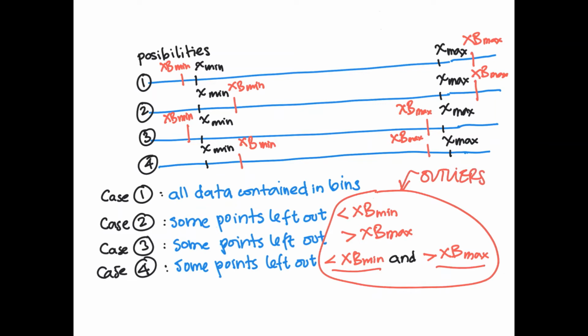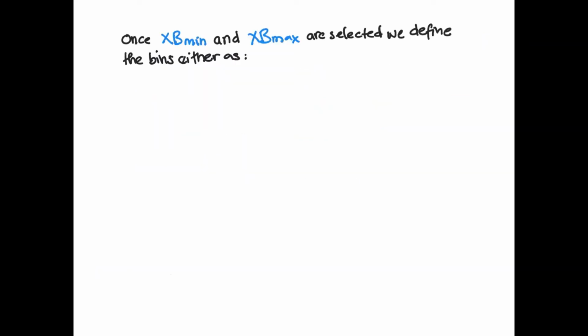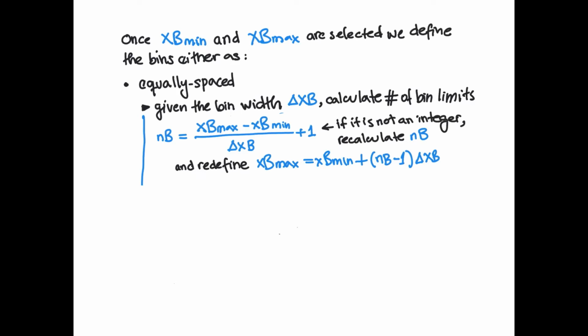The selection of XB minimum and XB maximum is kind of arbitrary, but I wanted to contemplate all those possible four cases. Once the XB minimum and XB maximum have been selected, we can define the bins where we're going to classify data in the following way.